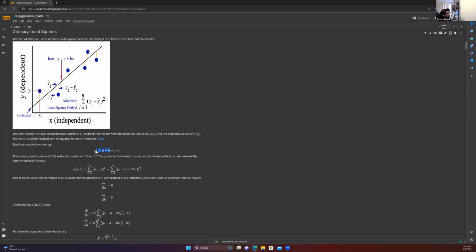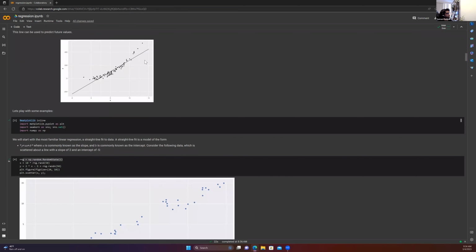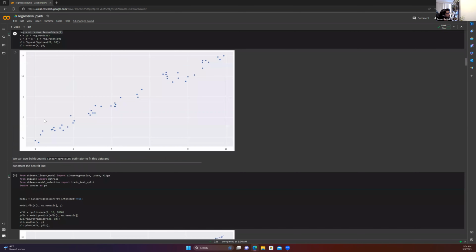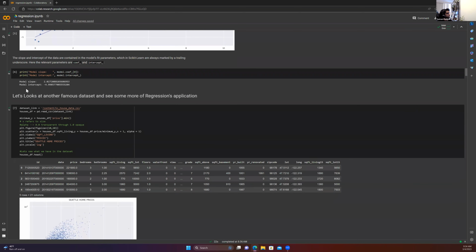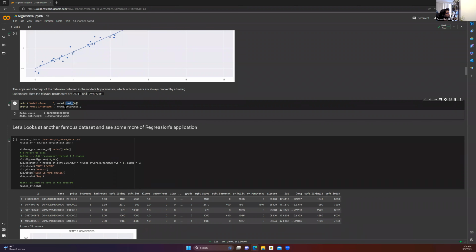But if you look at this part only, y equals a plus bx, x is your attribute, your feature in that CSV file, the column. B and A are what you're trying to predict, to come up with. Once you fit this line to all those data points using scikit-learn, you can also see what the coefficients of the model are, the intercept and the slope.